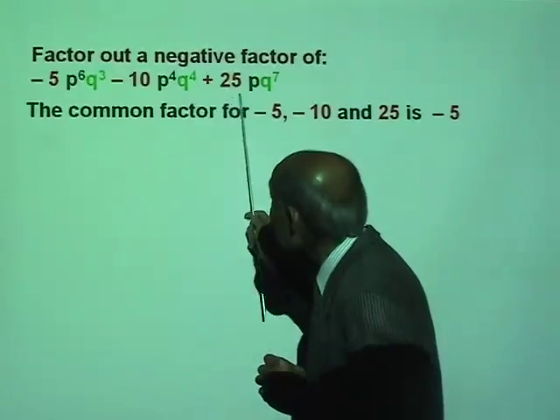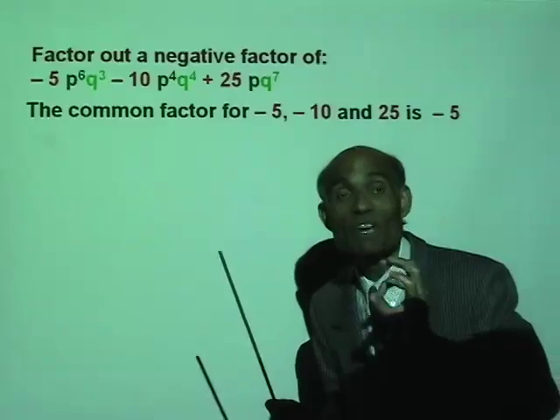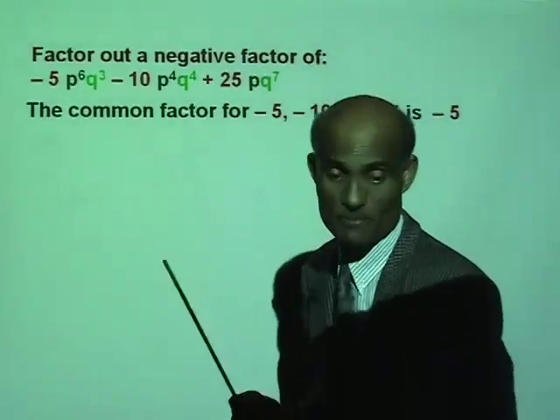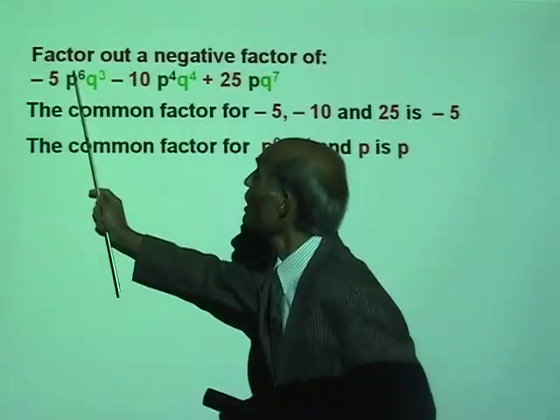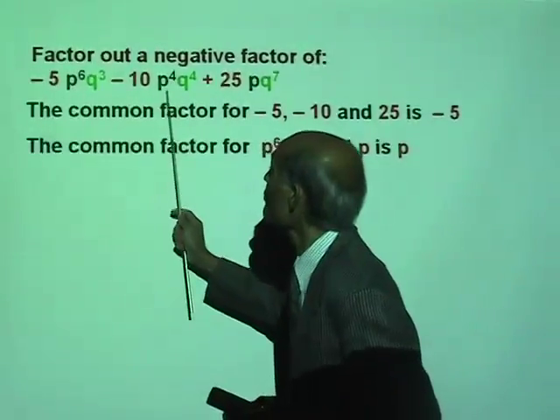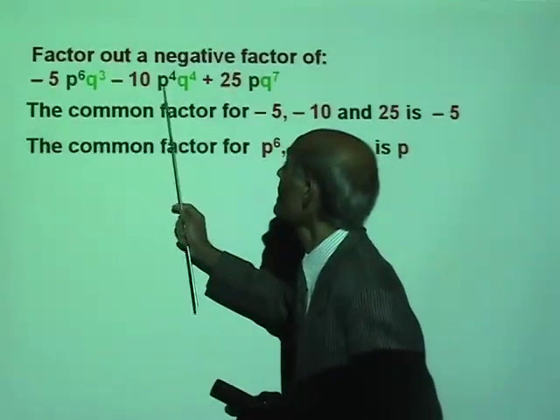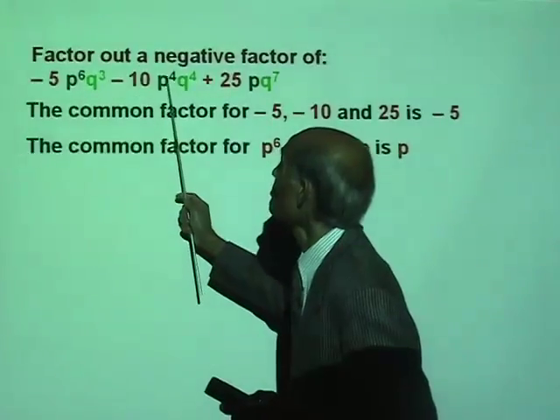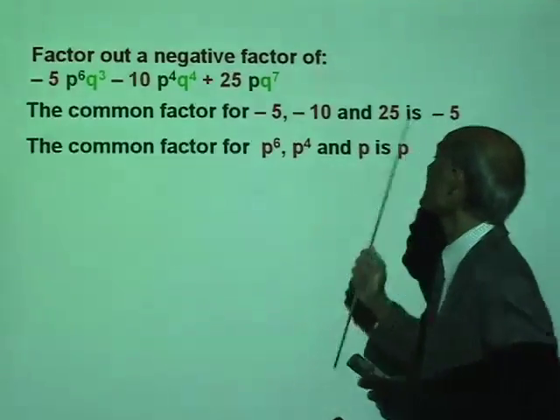And +25 is -5 times -5. Okay, so let's write each of these terms. What is the common factor of p to the power 6, p to the power 4, and p? Well, you must tell me that quickly. P to the power 6, p to the power 4, and p, the common factor is p.